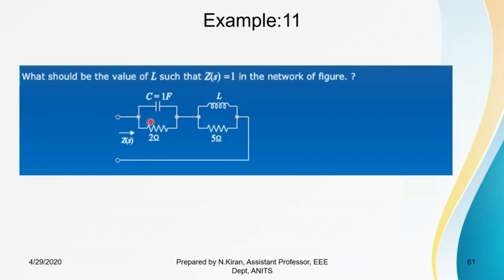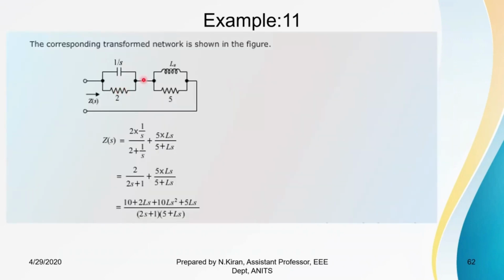First let us transform this network and find the expression for Z of s, and we will equate that expression to 1. The capacitor becomes 1 by s and the inductor I will assume to be Ls. Since these two are in parallel and these two are in parallel and the two combinations are in series, this is 2 into (1 by s) by (2 plus 1 by s), and this is 5 into Ls by (5 plus Ls).